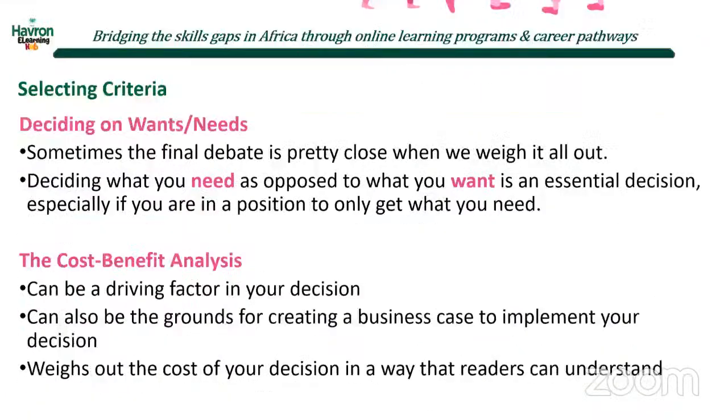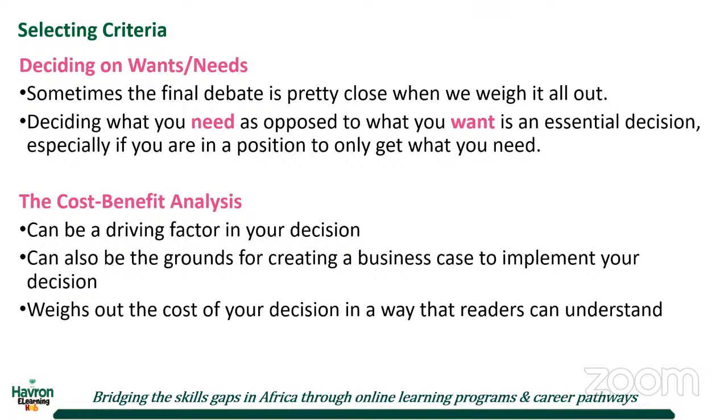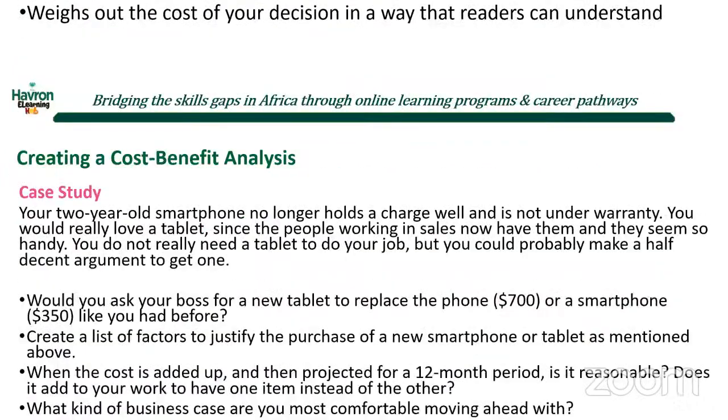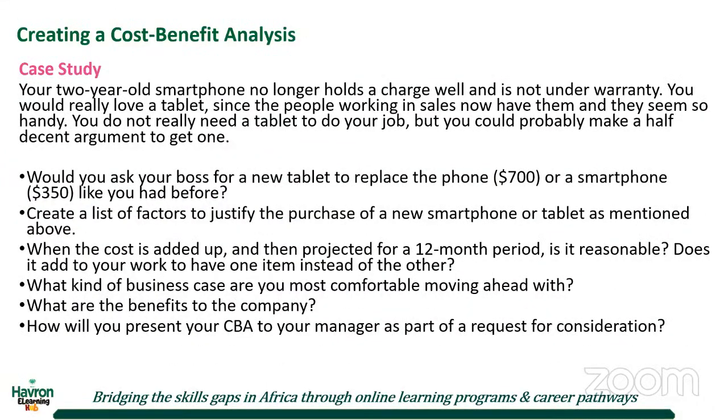First, selecting criteria. You need to decide on your wants and needs, and the cost benefits. Then there is a case study that is also available on the individual learning plan, but we are not going to take that now because of our time.